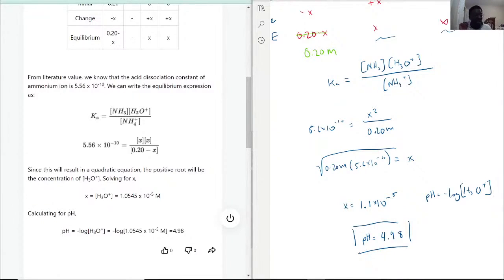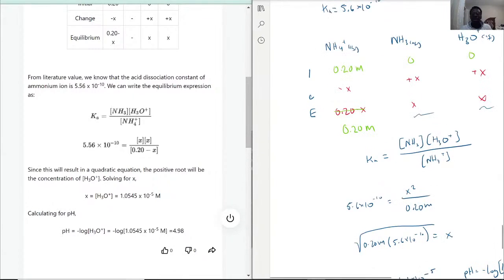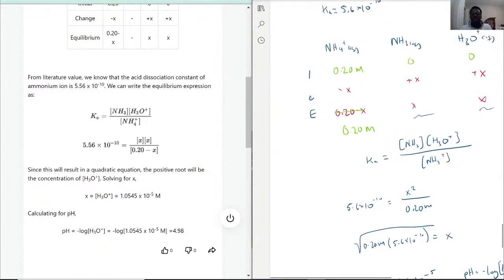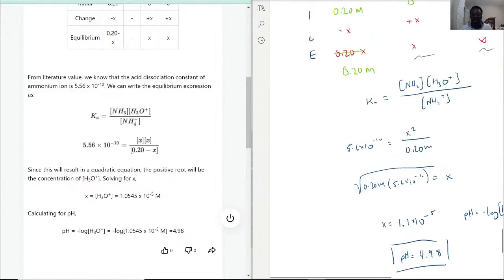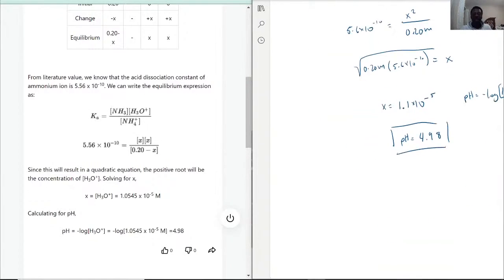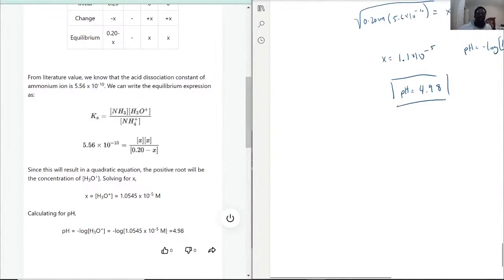Numbers did vary slightly, so that may have played in, but at the end of the day I should have rounded correctly there. Luckily we were able to get that answer. So these are the steps you take to find the pH: you make sure you have the correct formula, you draw an ice table, you fill in the values, and then you plug it into your pH. That's how you do it.